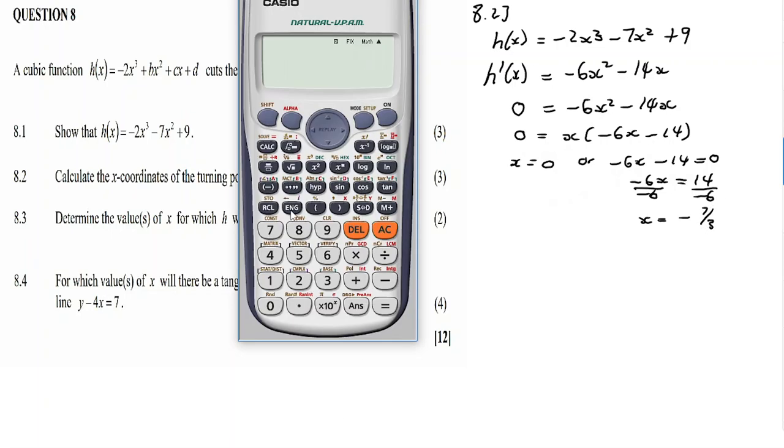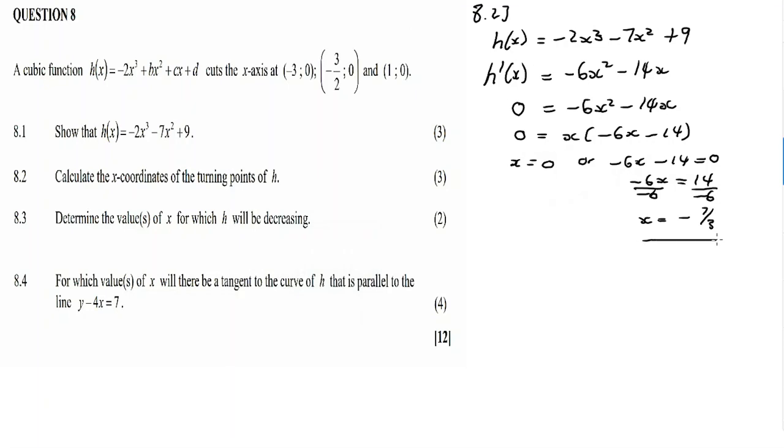Let's check: 14 divided by 6, yes, 7 over 3. So these are the x coordinates of the turning points of h.